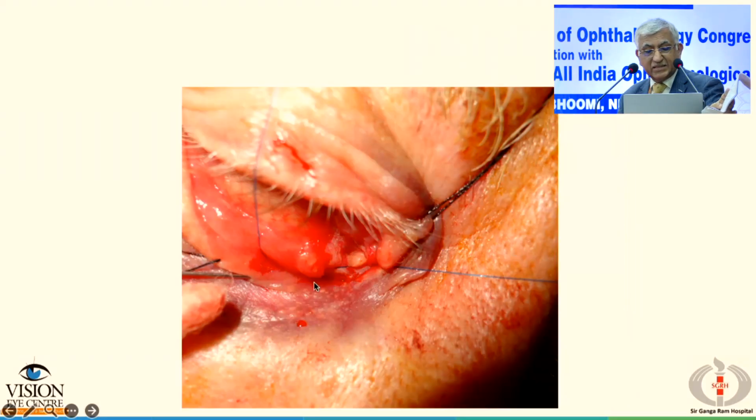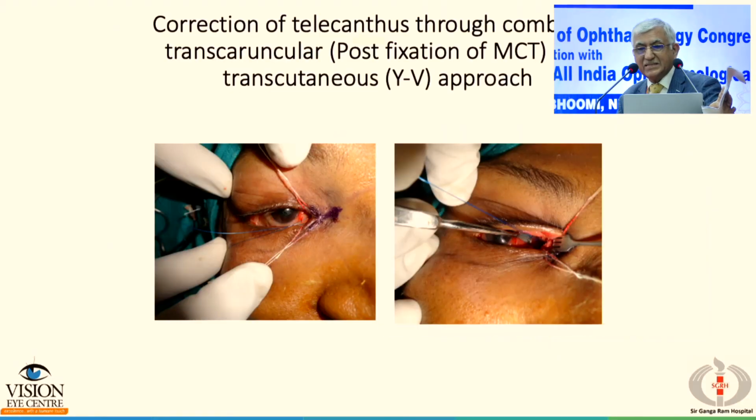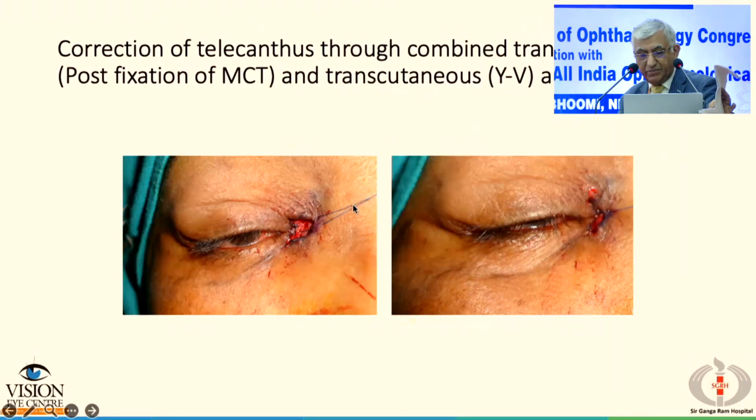So, once this is done, it is anchored to the medial canthal tendon, and then the restoration of the medial canthus is done, restoring the right position. This is an example of a posterior fixation of the medial canthal tendon, with combined use of a Y to V plasty in order to reposition the medial canthus.